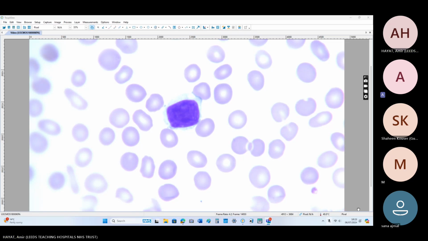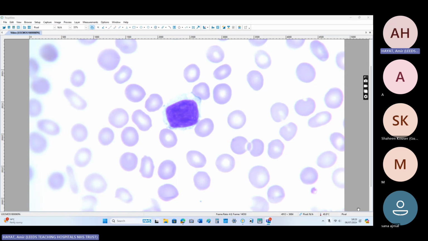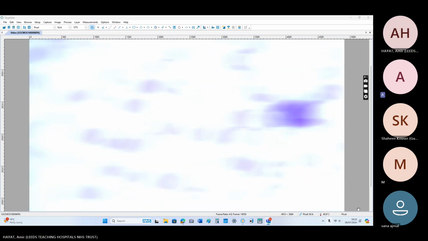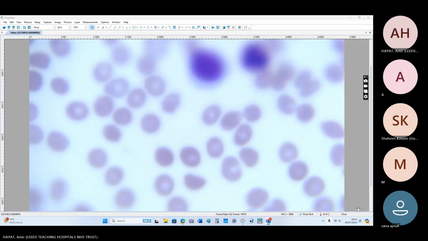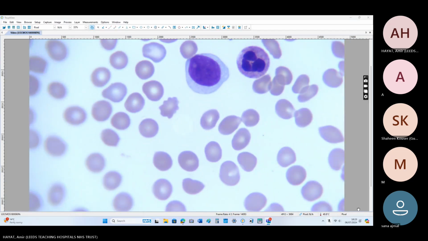You always need flow cytometry for that. Can you appreciate nucleolus in few? In few of them there are nucleoli, but not all of them. I think this one has. See, this one has, and it has abundant, slightly basophilic cytoplasm.